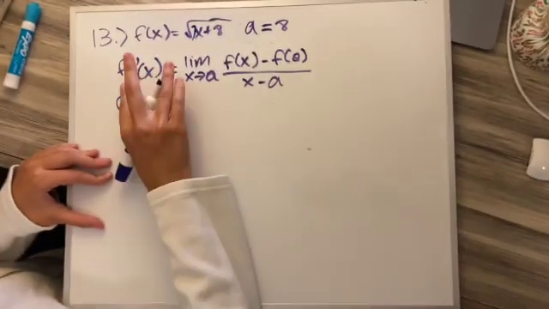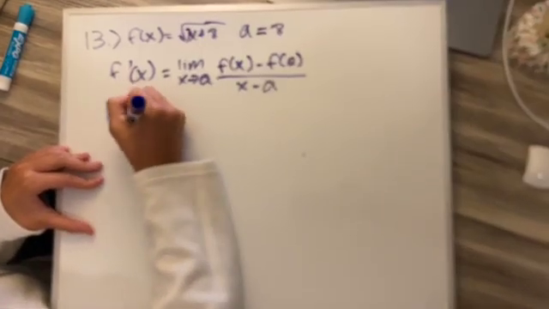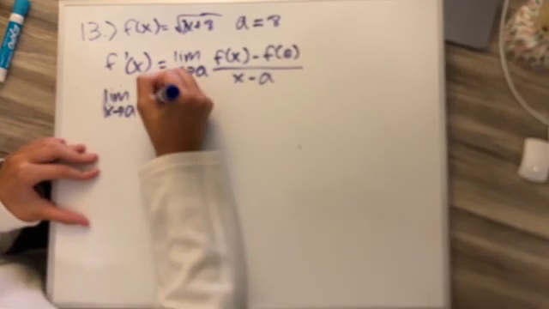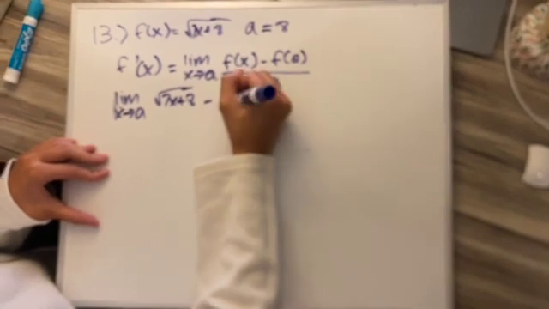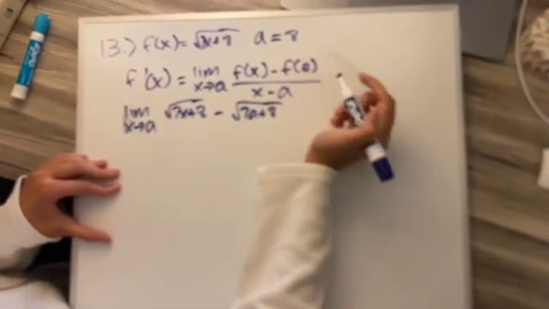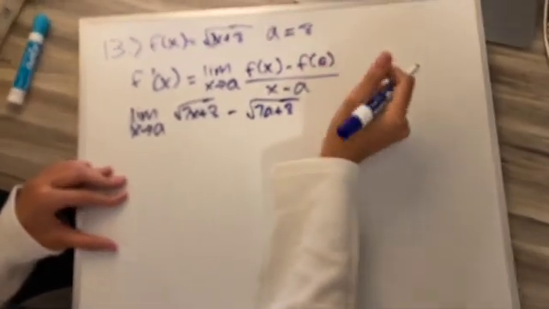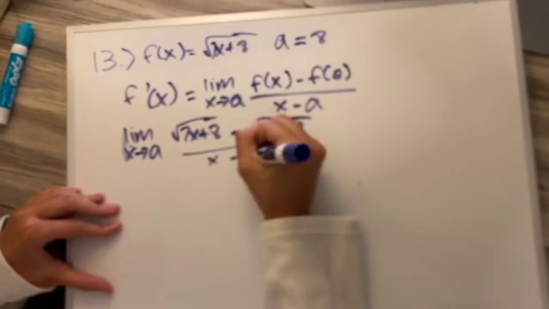So then we get the limit as x approaches a of the square root of 7x plus 8 minus the square root of 7a plus 8. So we plug in the a because we have f of a, over x minus a.